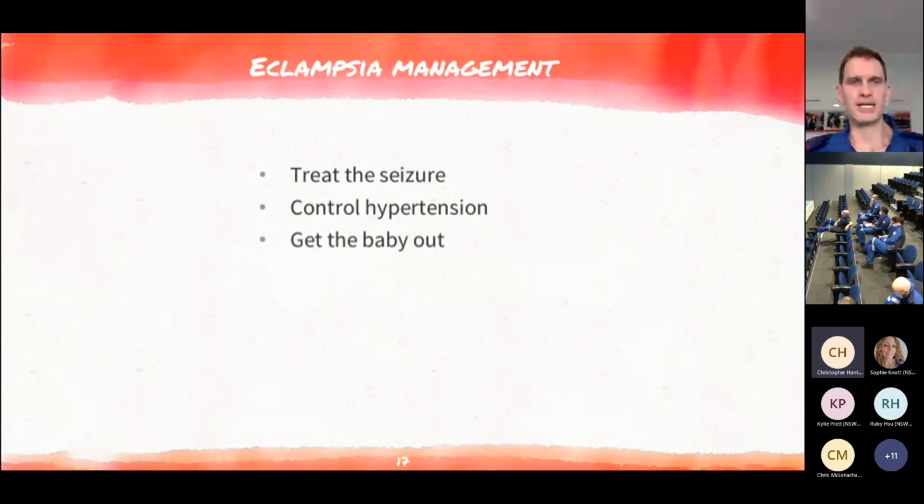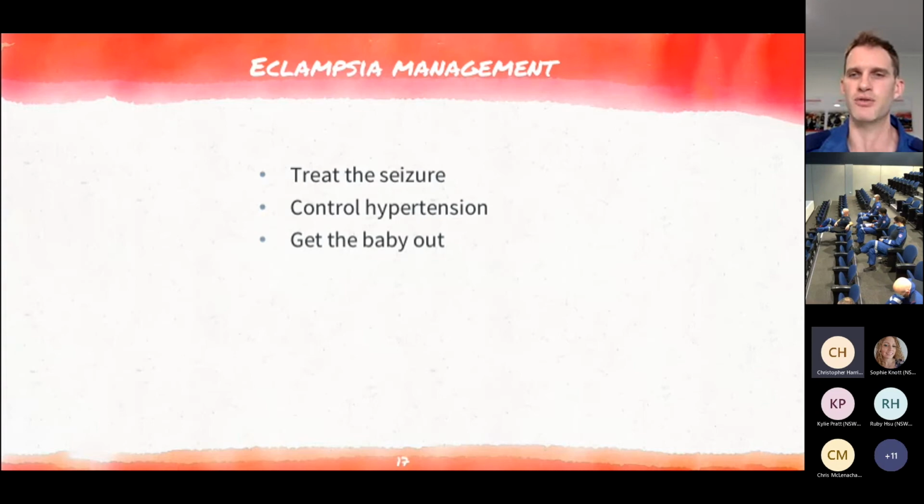So the management of eclampsia is treating the seizure, and it's acceptable to treat that with benzos like midazolam, which we carry in our thigh pouch, so that's quick to get to. But the definitive treatment for the seizure is magnesium sulfate, and the dose is important to know.